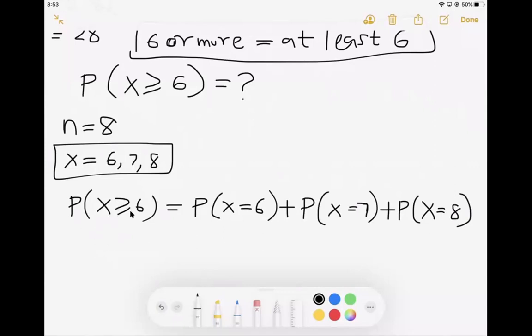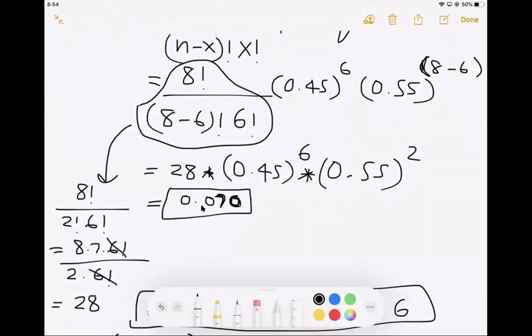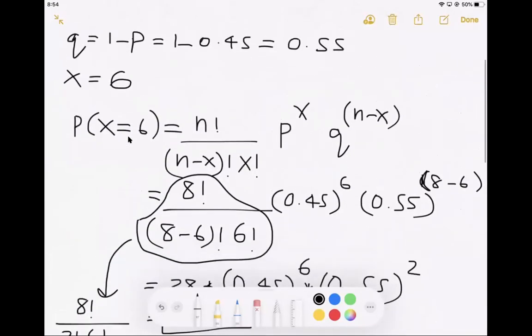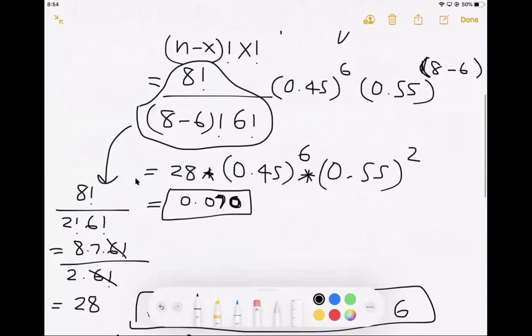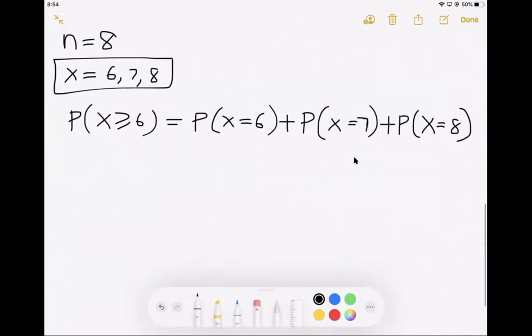If you want to find this one, you have to find these 3 probabilities separately. But the first one you already know, the probability of x equal to 6. We got that value here. Probability of x equal to 6 here is 0.070. But now we have to find 2 more, this and this, separately.